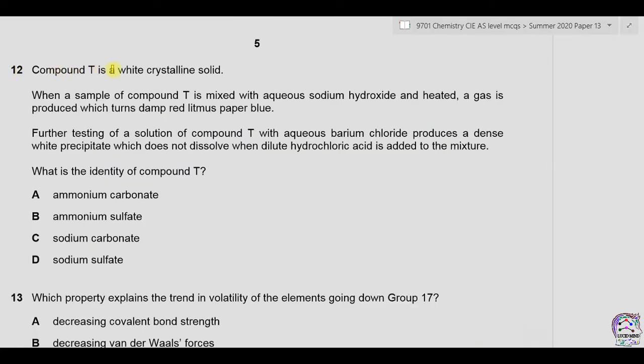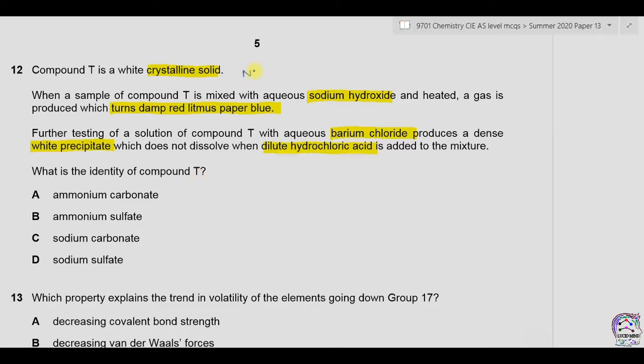Question 12. Compound T is a white crystalline solid. When a sample of compound T is mixed with aqueous sodium hydroxide and heated, a gas is produced which turns damp red litmus paper blue. Further testing of solution of compound T with aqueous barium chloride produces a dense white precipitate which does not dissolve when dilute hydrochloric acid is added to the mixture. What is the identity of compound T?